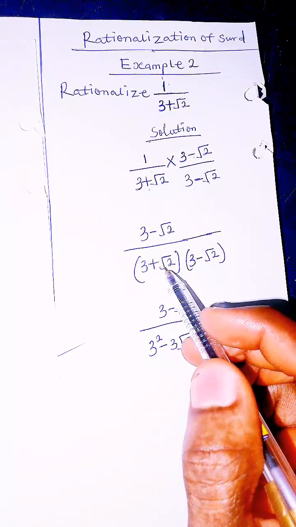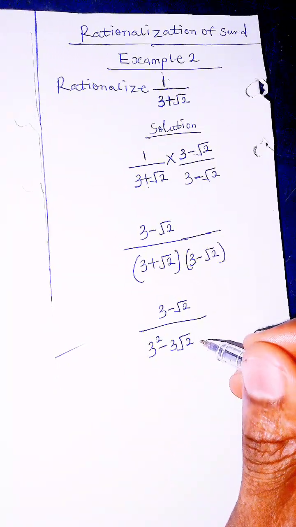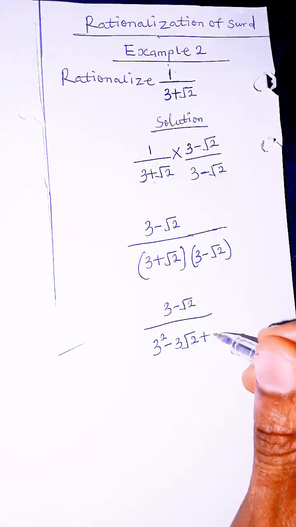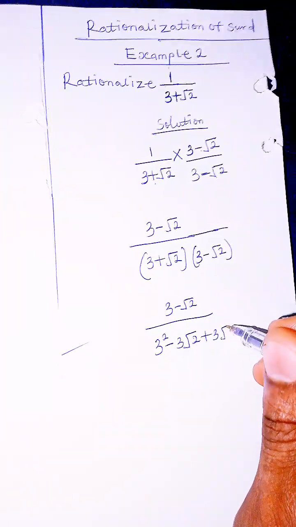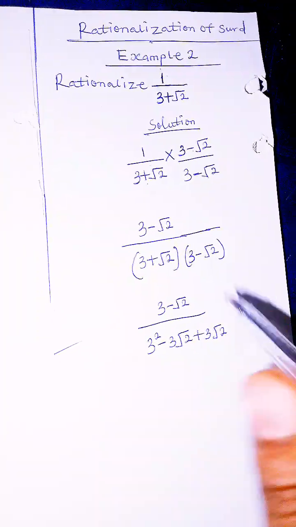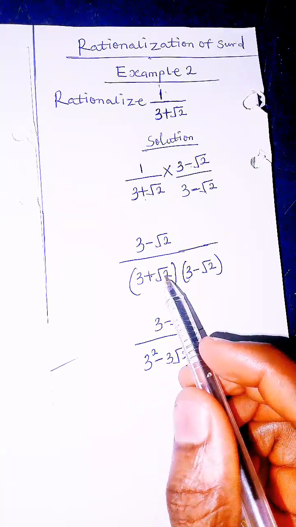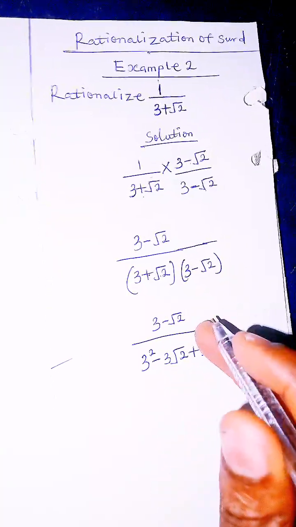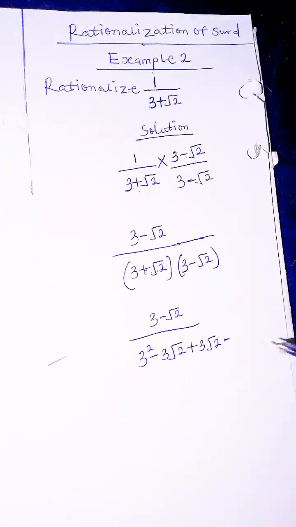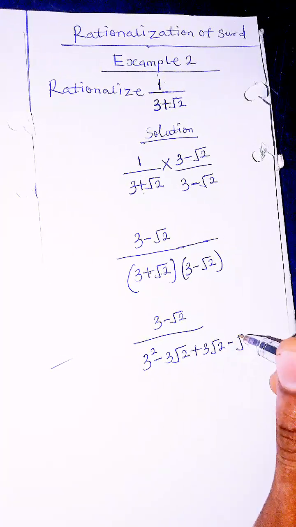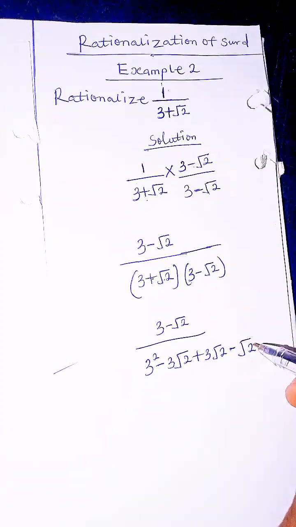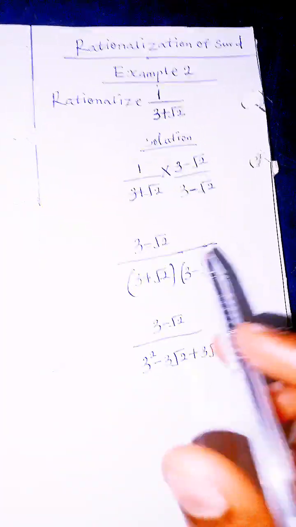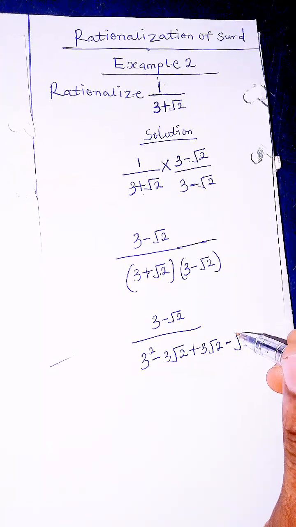We carry this one to open up also, plus 3 root 2, plus root 2 times minus root 2. Plus times minus is what? Minus root 2 squared. Since the roots are the same, we can square it.